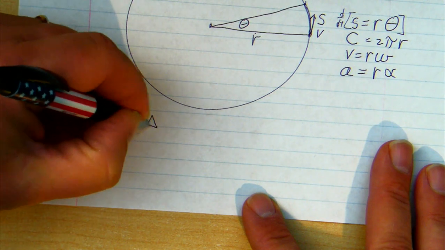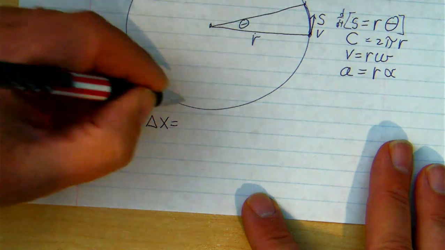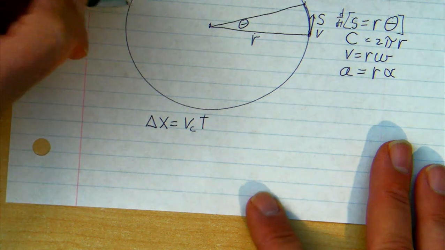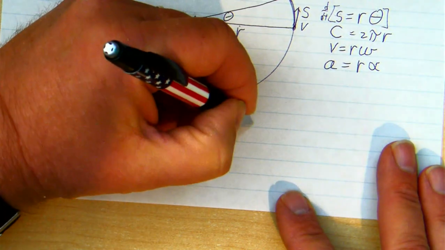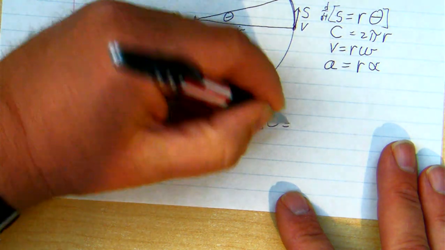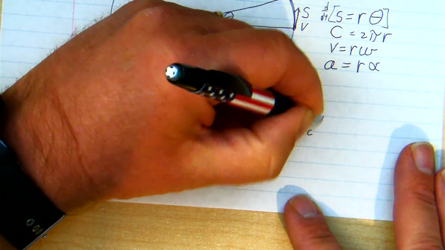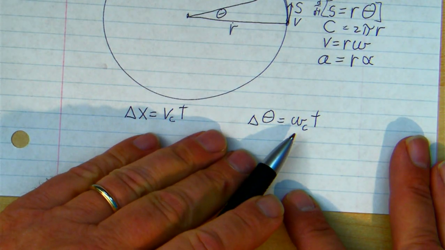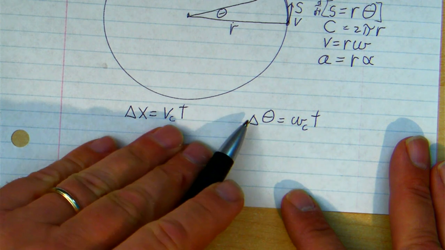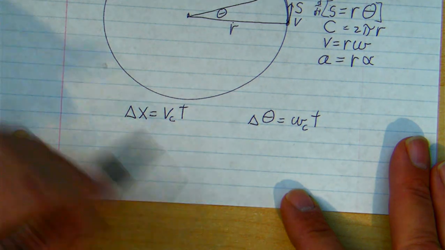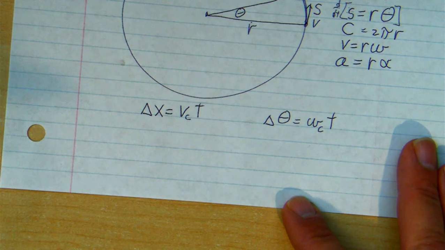So I'll say, really, even before the course began, we said displacement was the product of constant velocity times time. In the angular world, we would say change in angle is equal to your constant angular rate times time. So if you're spinning at 1 radian per second, then after 2 seconds, you have spun through an angle of 2 radians. And yes, we're working pretty much in radians in this chapter.